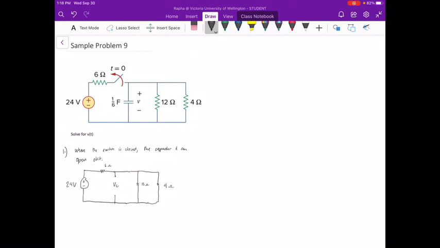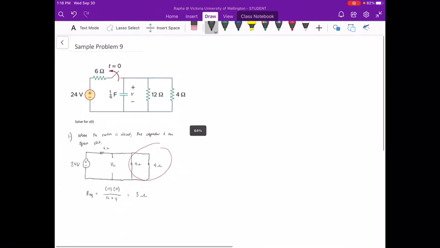To solve the equivalent resistance, we have Req equal to 12 times 4 over 12 plus 4, by parallel addition of resistors, and that is equal to 3 ohms.